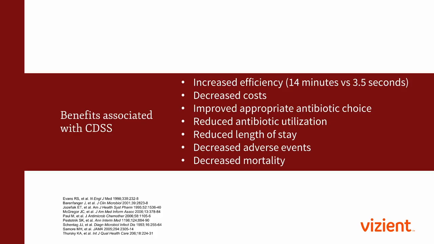Cost savings has been documented with the use of these systems. These costs may equate to dollars that go directly to the bottom line, or what we call hard costs. An example of this would be a reduction in antibiotic spend or utilization, or a reduction in the length of stay. In some cases, the cost savings measured may be soft costs, such as reduction in personnel time or decrease in adverse events.